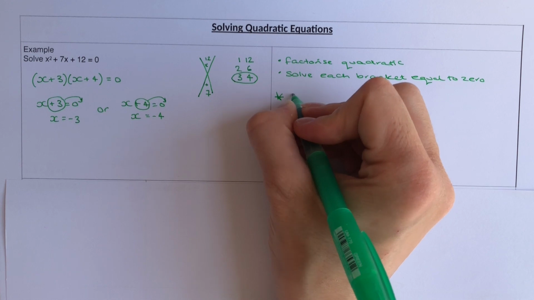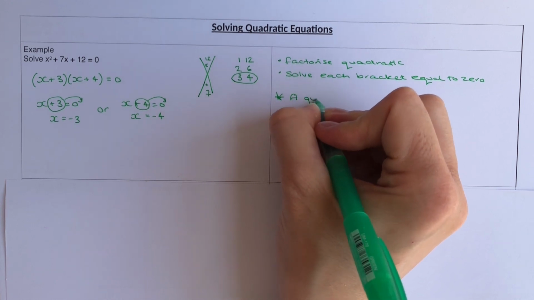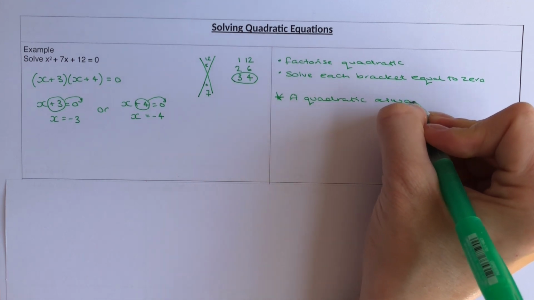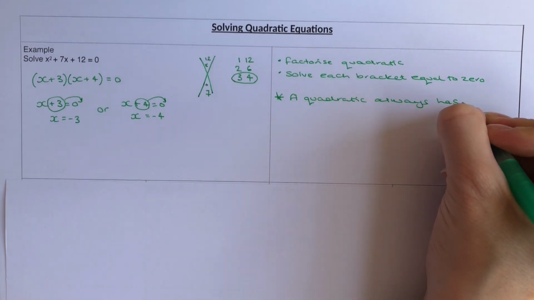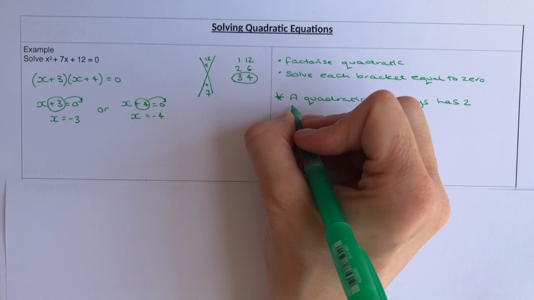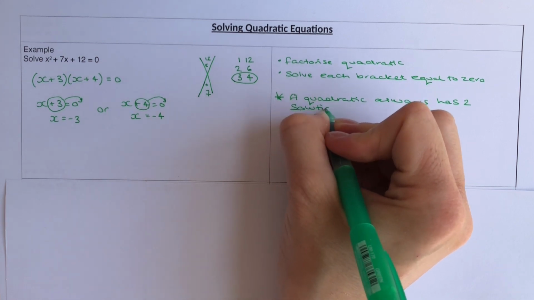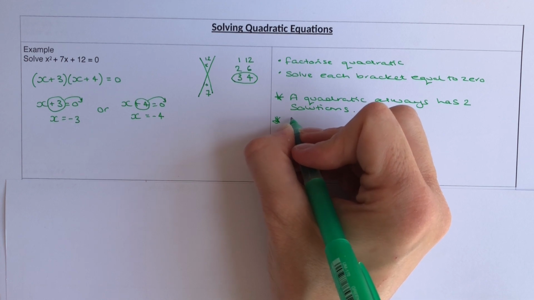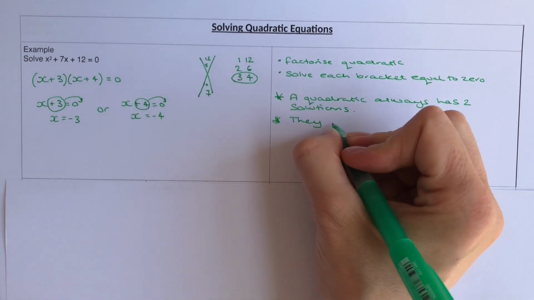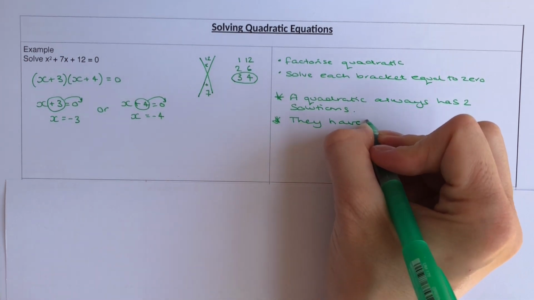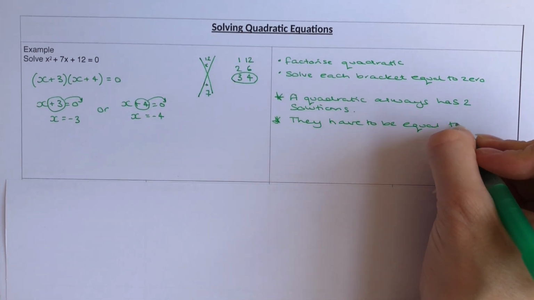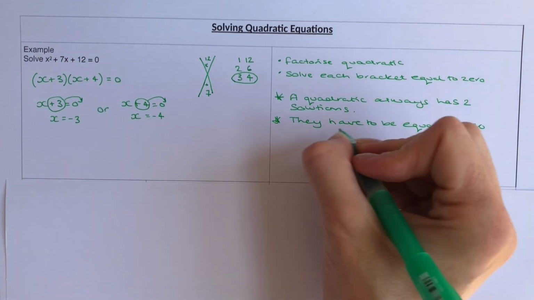One is that a quadratic always has two solutions. And the second thing is they have to be equal to 0 to solve.